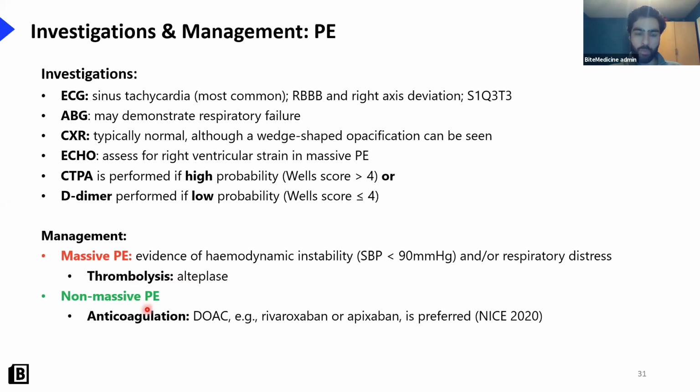If it's a non-massive PE, NICE suggests anticoagulation with a DOAC as first line, and these are medications which inhibit the clotting cascade. So thrombolysis activates the fibrinolytic pathway. Anticoagulation inhibits the coagulation cascade.